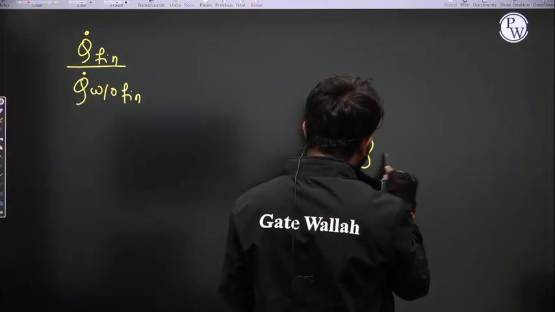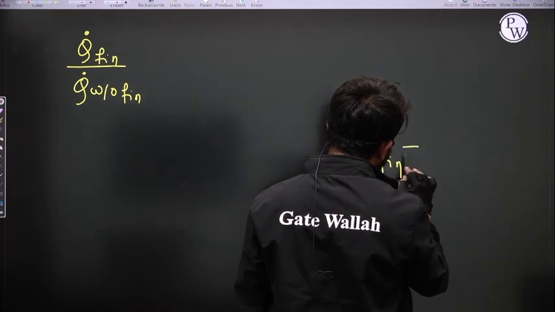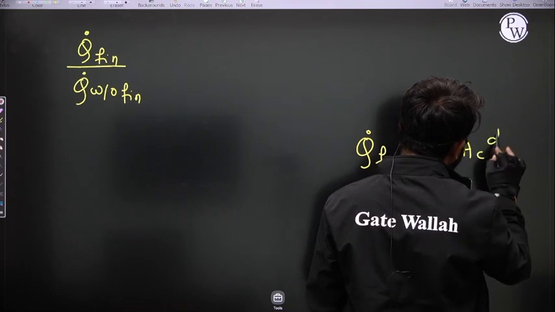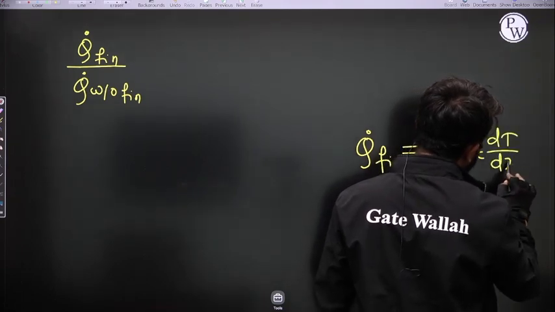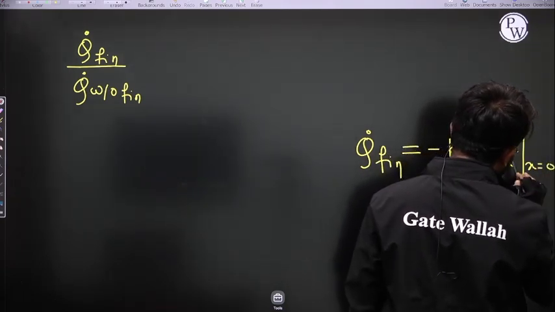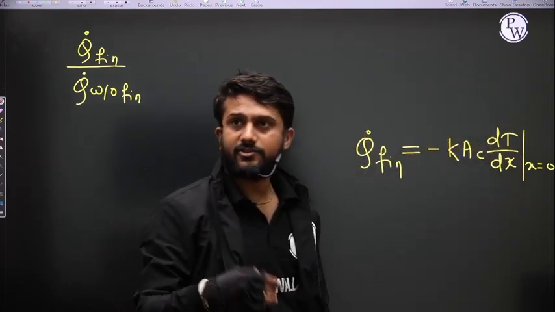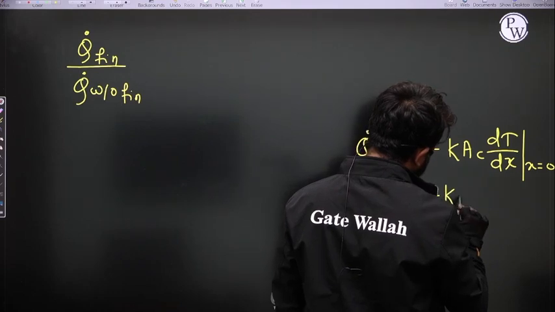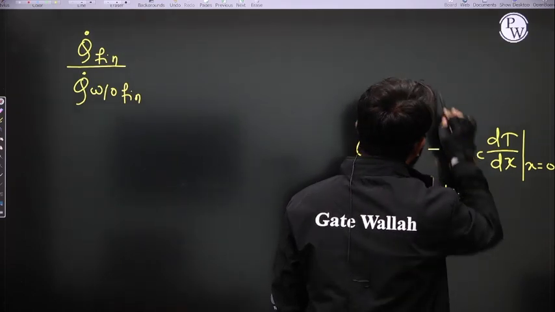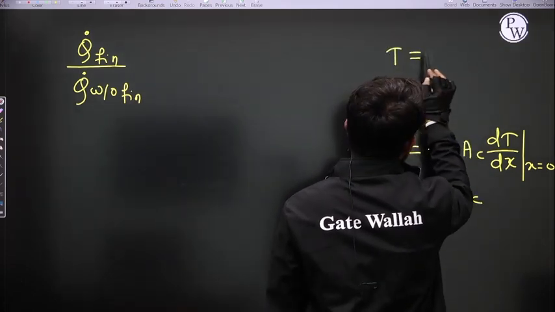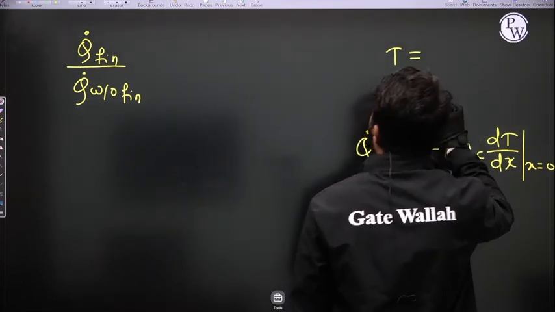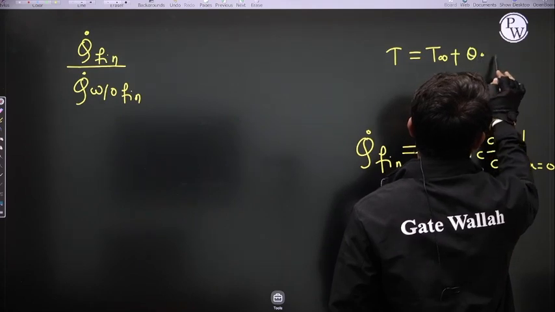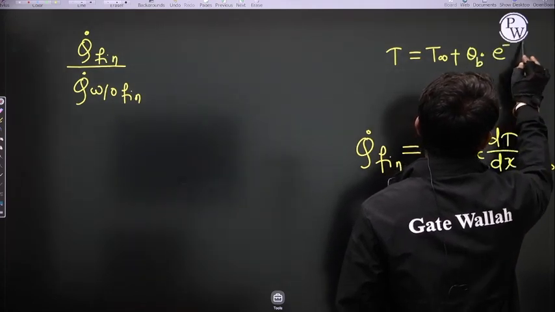If I am taking an example of the infinitely long fin again, so this Q dot fin is minus k Ac dT by dx at x equal to 0. I already discussed, in case of the infinitely long fin, T is equal to T infinity plus theta b e to the power minus mx.